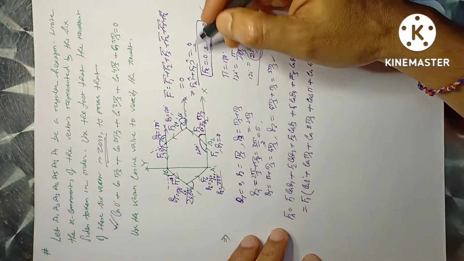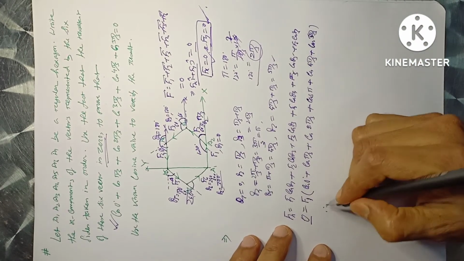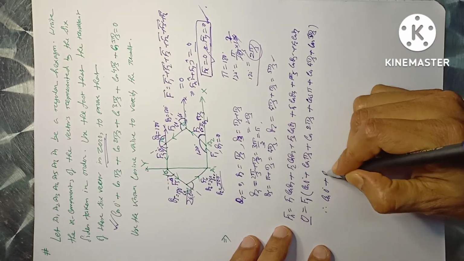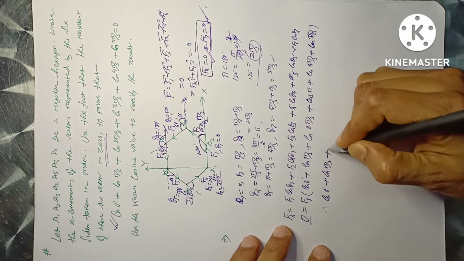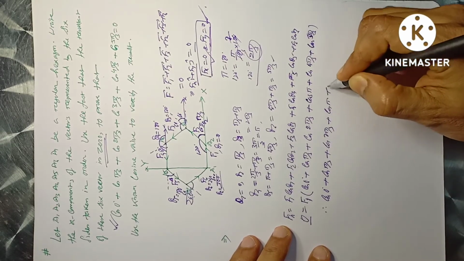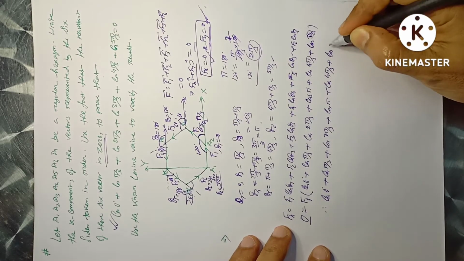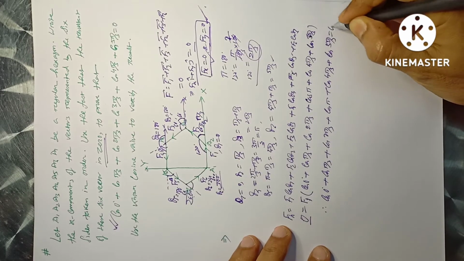We have already written fx equal to 0. Therefore this is 0. This means we can write cos 0 degrees plus cos pi by 3 plus cos 2 pi by 3 plus cos pi plus cos 4 pi by 3 plus cos 5 pi by 3 equal to 0.